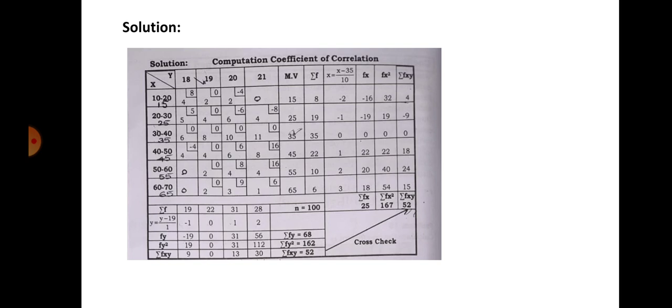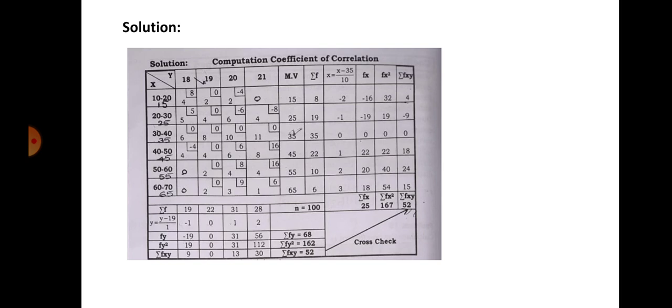Now next column, write the frequencies to the left side: 4, 2, 2, 0. So this sigma f becomes 8. In 5 plus 4 plus 6, I am adding the second row, 5 plus 4 plus 6 plus 4, which is equal to 19. Next 6 plus 8 plus 10 plus 11, this is the third row sum, which is 35.